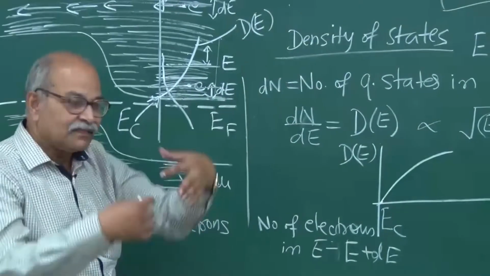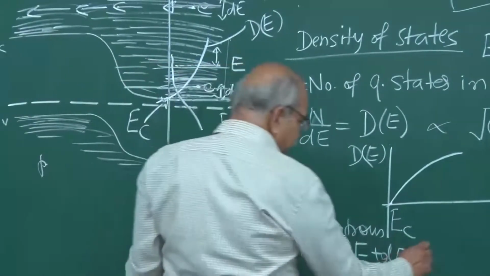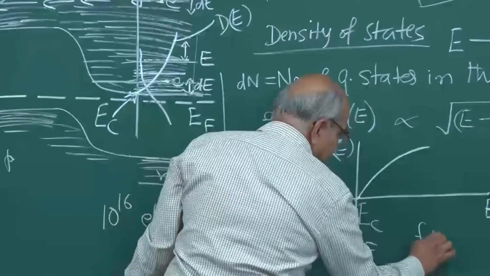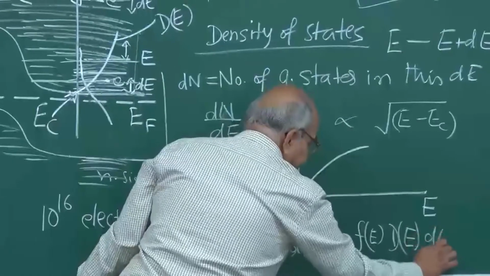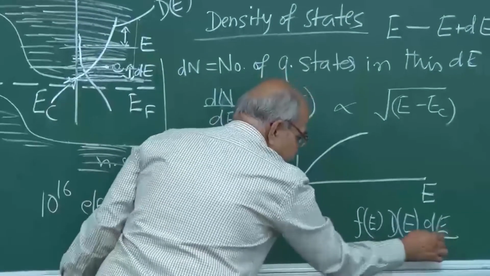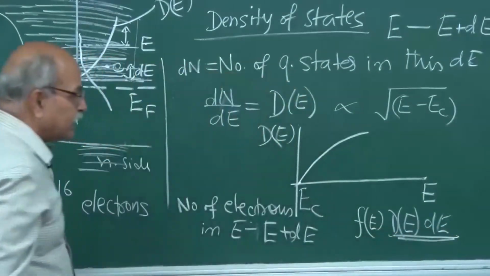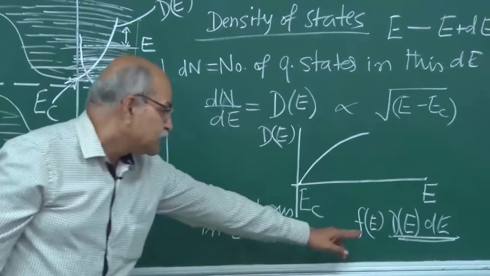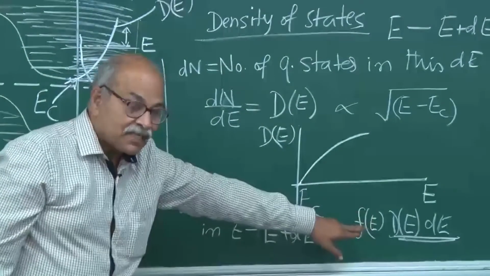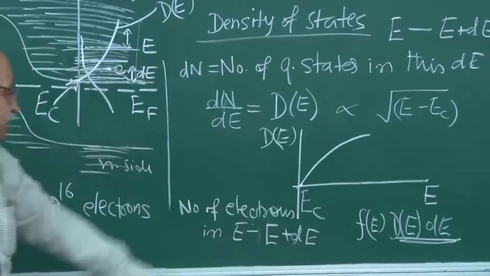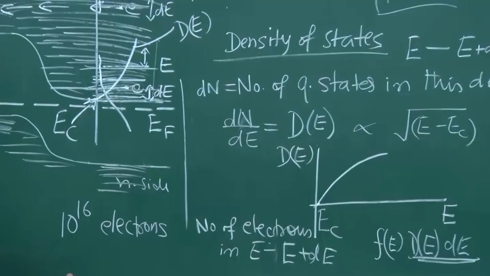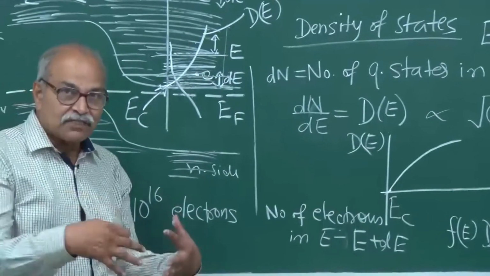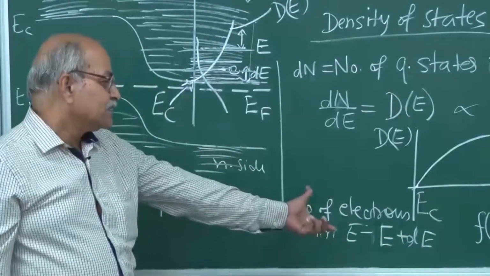So you have to multiply these, and therefore this will be F(E) multiplied by D(E) and then dE. D(E) dE gives the number of quantum states in that energy range, and F(E) gives the probability of each quantum state being occupied. So this will be the total number of quantum states occupied, or in other words, the total number of conduction electrons in that dE.